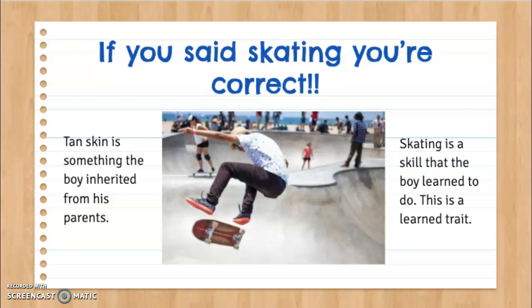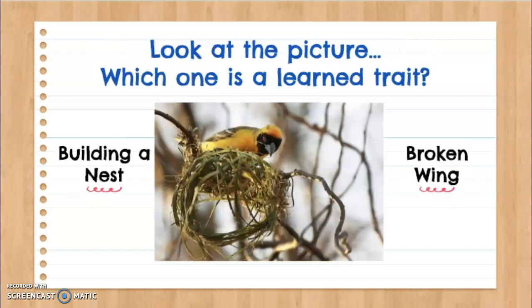Skating is a skill that the boy learned to do. This is a learned trait. The boy could have learned to do this skill from friends, from parents, from siblings. But again, the boy did not inherit it from his parents. He learned this trait.